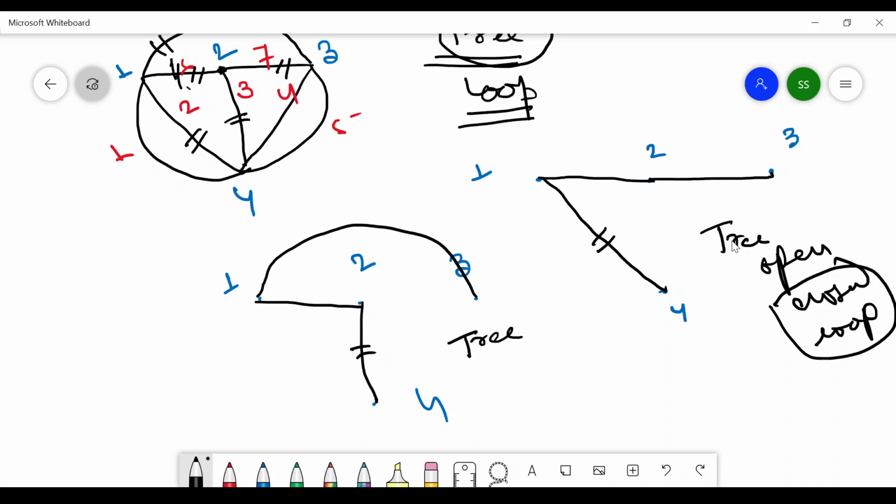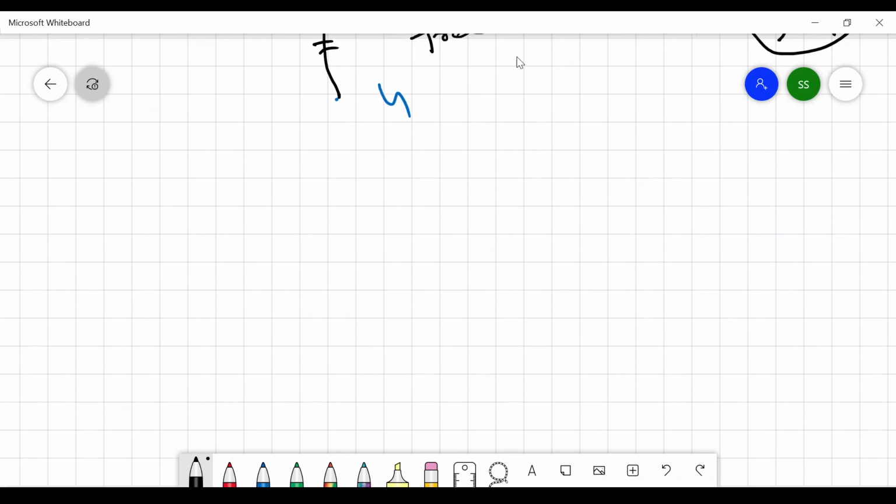Now we are forming one tree. Connecting all the other branches to this particular tree, we have to find out how many open loops and how many independent loops we are having.